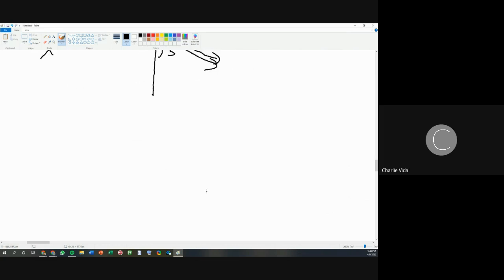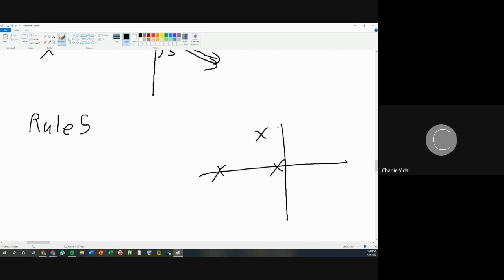So for rule number 5, this is basically this rule. Let's say we had some x's, right? But something went wrong, and we only have one x over here, and there's another x over there, or something like that, right?